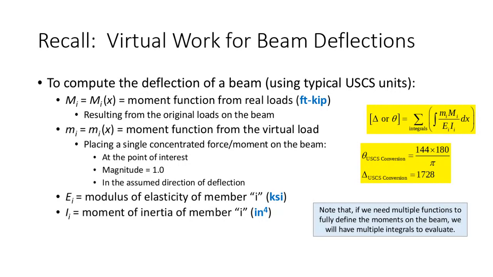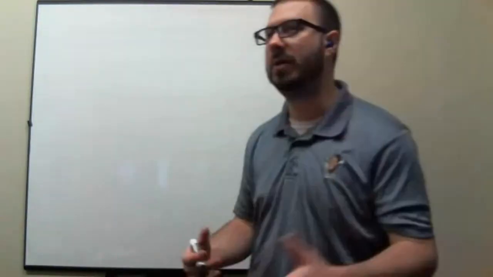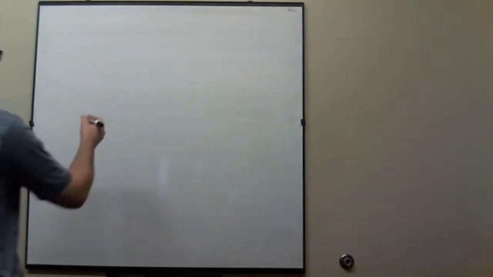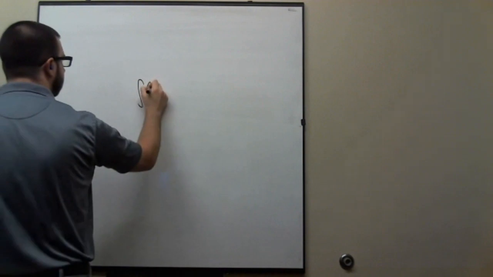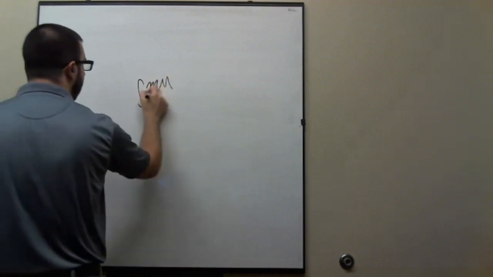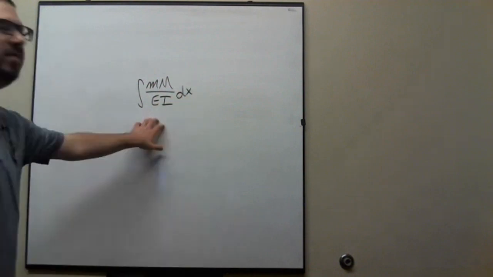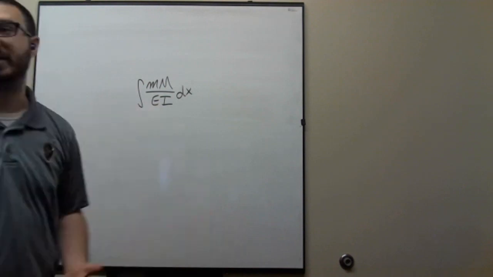To round out what we've talked about and what we're talking about today, I want to generalize the principle of virtual work a little. What we've been doing is integrating these terms, little m, big M over EI dx, and summing up all of these integrals to get the deflection.